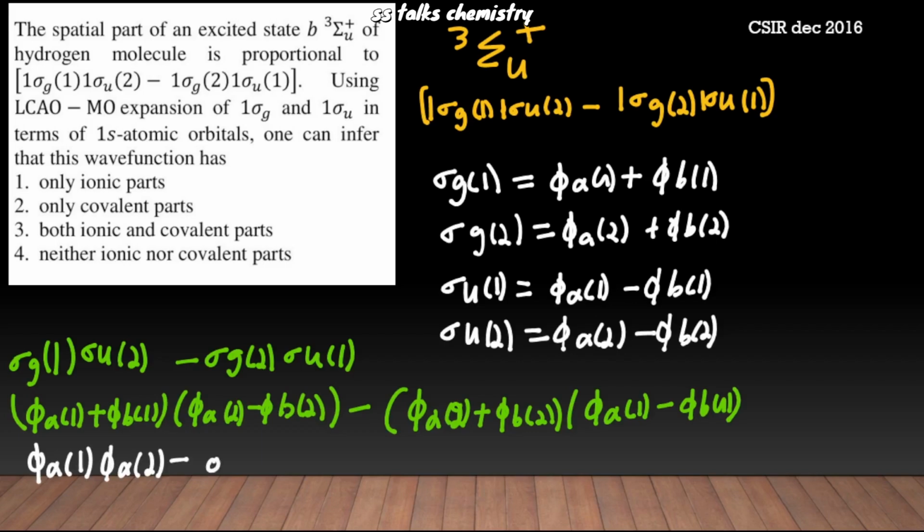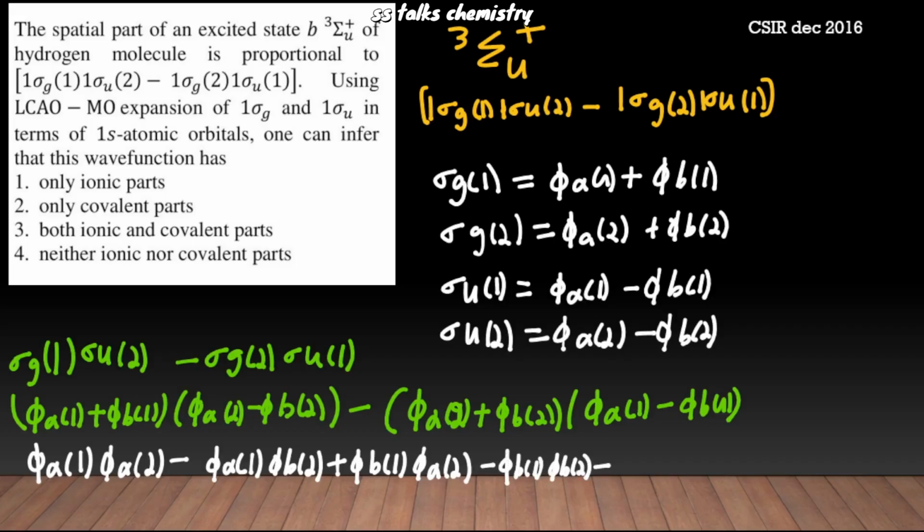So now just open this, we are getting phi A1 into phi A2, minus phi A1 into phi B2, okay, plus phi B1 into phi A2, minus phi B1 into phi B2, right?